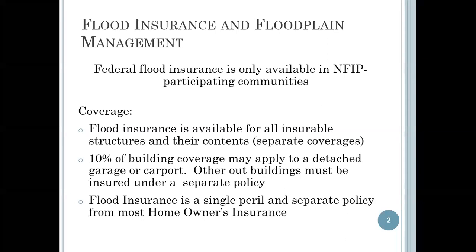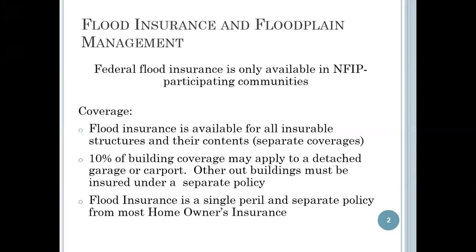So flood insurance is available for all insurable buildings. And we talked yesterday about, well, what is an insurable building? Whether it's for NFIP insurance, it's two walls and a roof, principally above ground. Now, different from a homeowner's policy that includes building and contents, under the NFIP, you have to purchase these coverages separately.